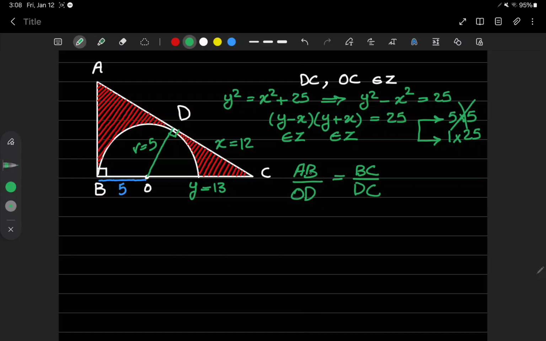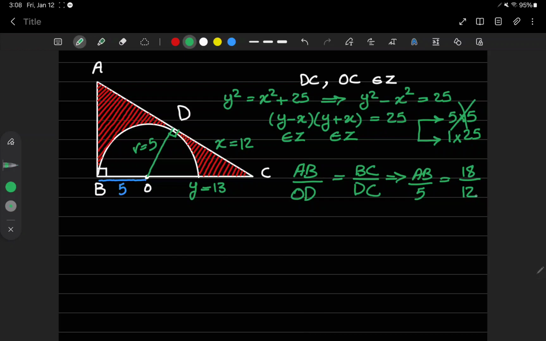Okay, so if I put the numbers there, we have AB over OD, which is 5, equal to BC, so 13 plus 5, which is 18, divided by DC.